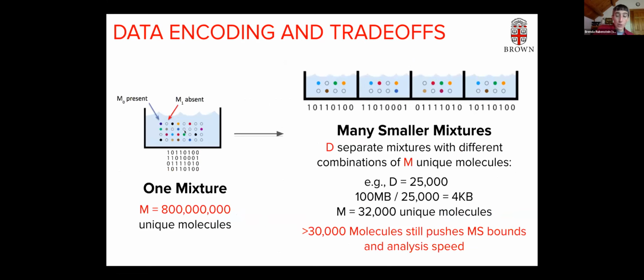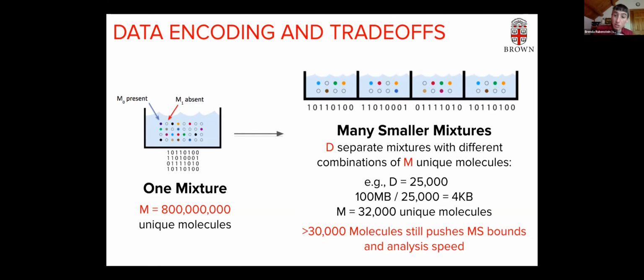Now, there is a trade-off here. One can imagine a situation where you just throw all your molecules in one mixture. That would be a lot of molecules if you did that. Or you can split the molecules into smaller sets and use a bit of physical space. What we've realized over the years is that while one mixture feels highly compelling and highly compact, which it is, really the best thing to do is to mix physical space with the molecules that you're putting in solution.